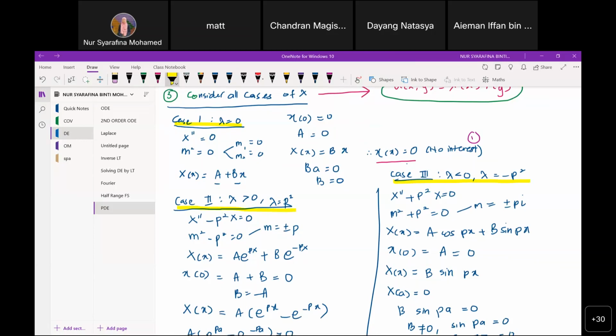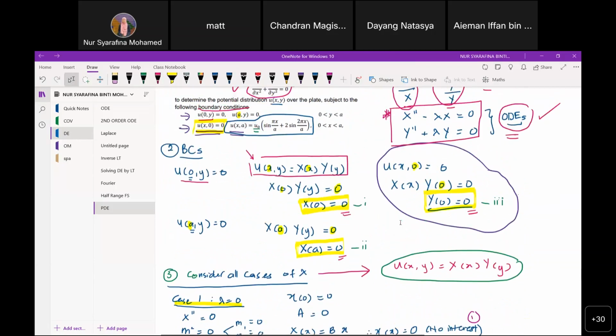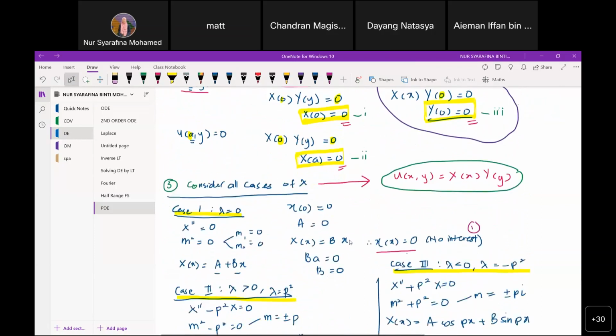Okay, now when lambda equals 0, then your ODE will be X double prime equals 0. Changing to the characteristic equation will give you m1, m2 equals 0. All right. So this is real and equal.